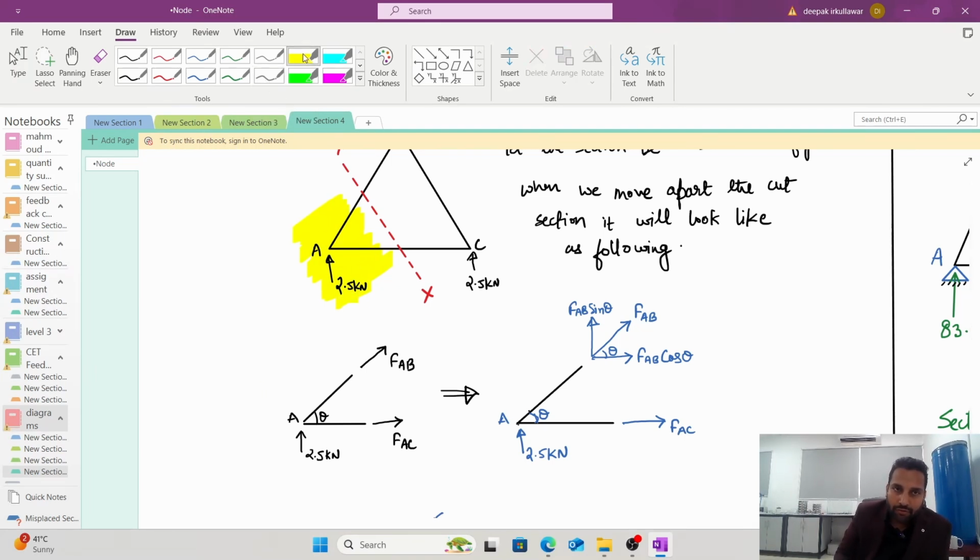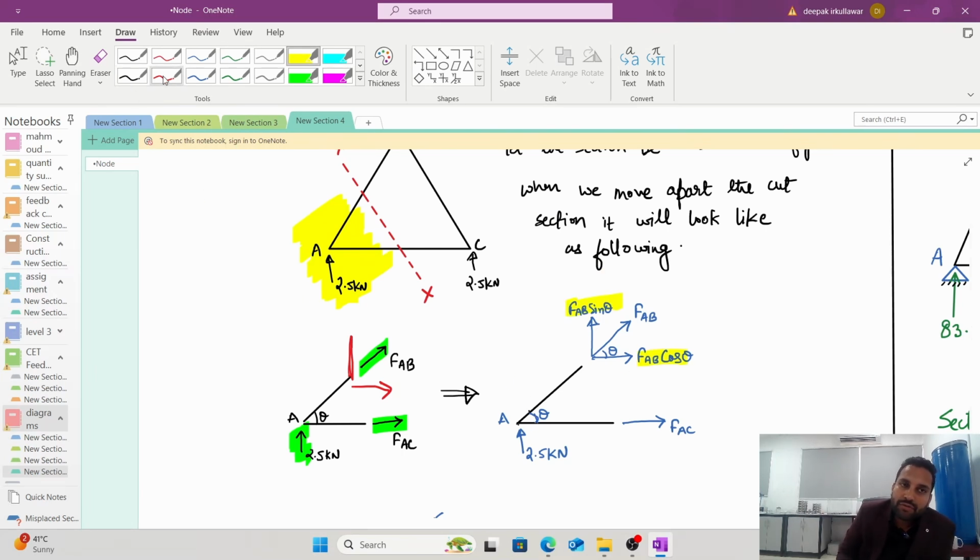You have a force of 2.5, FAB and FAC, because once you have cut, a force will come out of that. Now, since FAB is inclined, there would be two components of FAB as shown here. See here, I have drawn FAB sin theta and FAB cos theta.